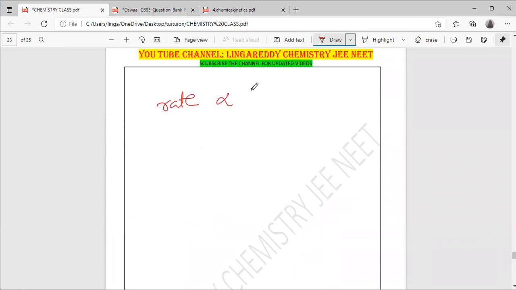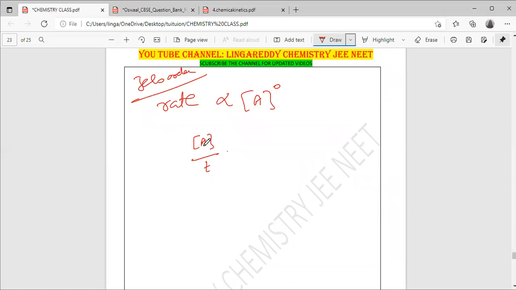Rate is directly proportional to A to the power of 0. I am writing this for a zero order reaction. Then what is the rate actually? Rate means dA by dt. What is the A?